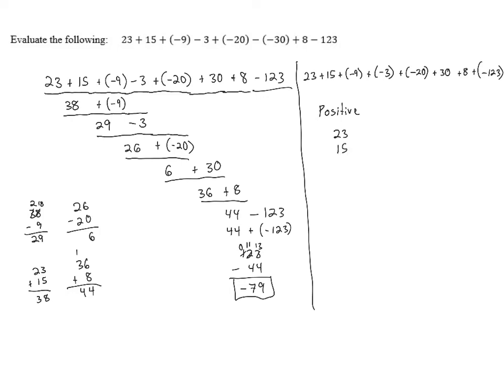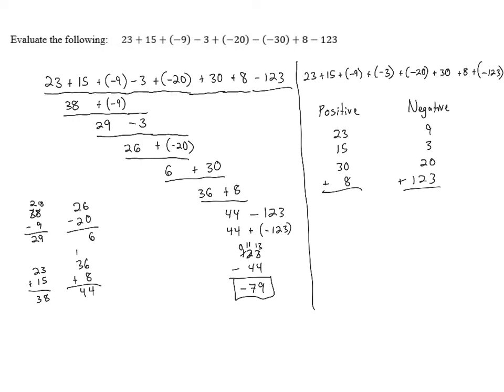The 9, the 3, and the 20 are negative, so we'll leave those out for a moment. We've got 30 and 8 also as positives. Now the negatives, we've got 9, we've got 3, we've got 20, and we've got 123. So we're going to add the positives together on their own, and then the negatives together on their own, and then we'll deal with them together at the end.